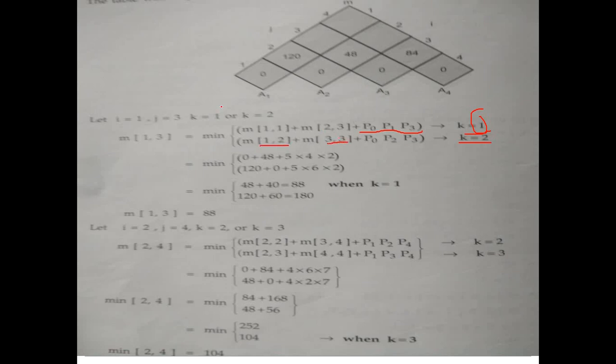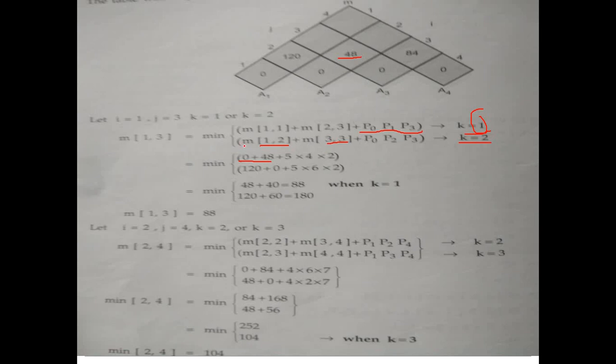So here if we multiply, we will get m11, which is 0 here. For m23, we will look here, m23 is 48 here. Okay, so we will put 48 here. After it p0, p1 and p3, which is 5 into 4 into 2.